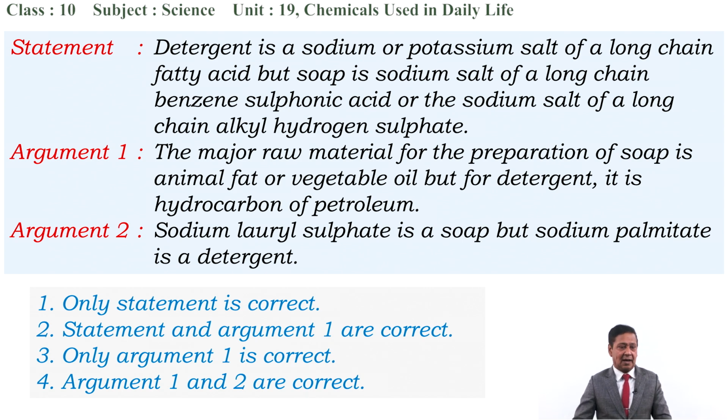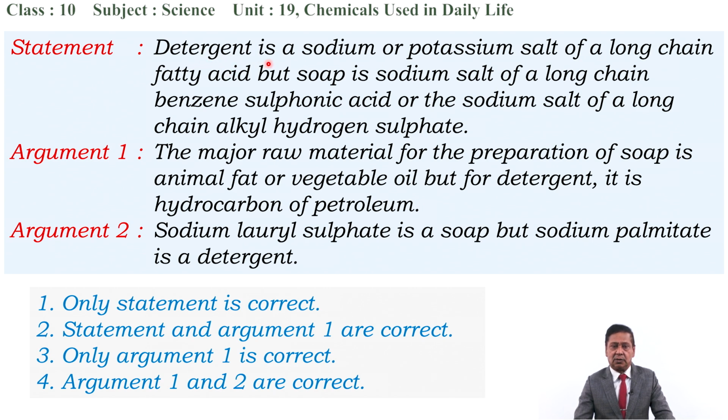Okay. Now, let's take option number 1. Only the statement is correct, is it? Detergent is a sodium or potassium salt of a long chain fatty acid, but soap is the sodium salt of long chain benzene sulfonic acid or the sodium salt of long chain alkyl hydrogen sulfate. No, this is just the opposite, isn't it?